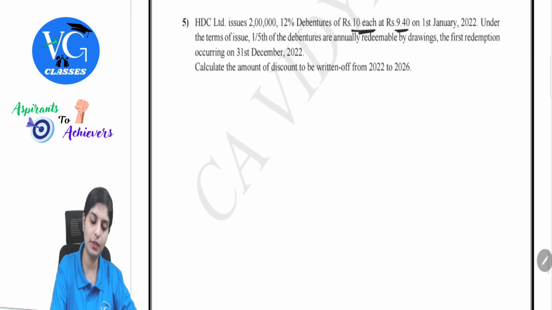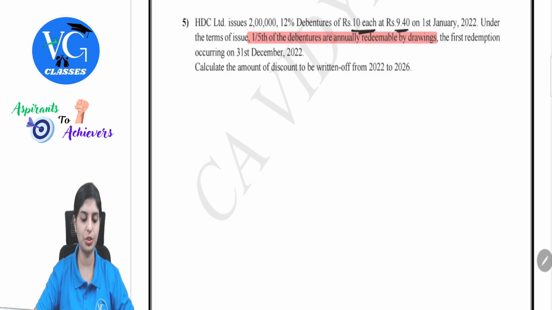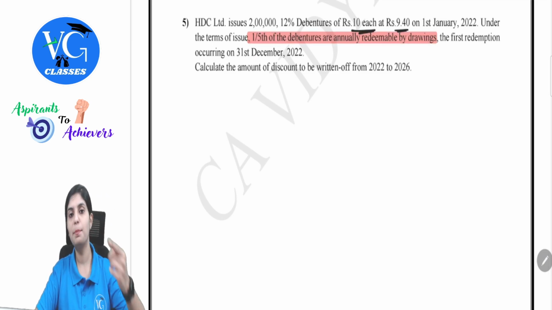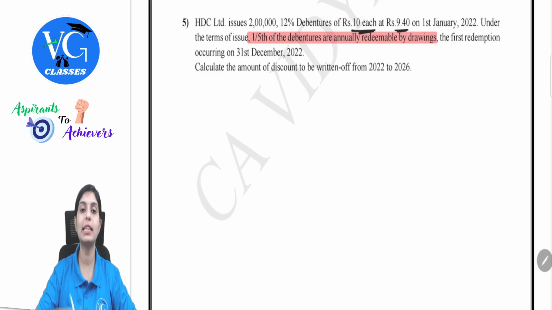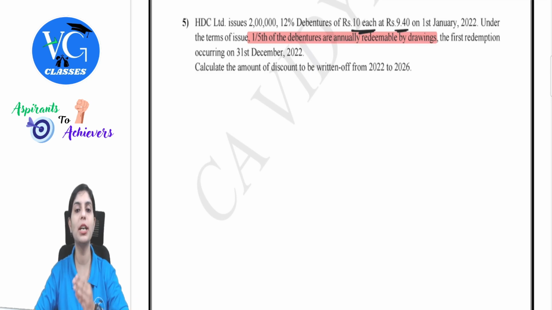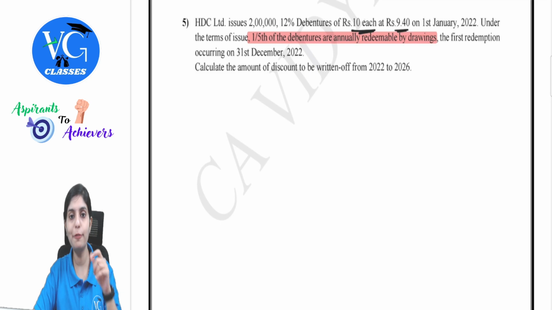So this is where the wordings become very important. What is the difference between this question and the previous question? If you observe, in the previous question the redemption was at the end of 5 years, so we just applied the straight line method and uniformly took the amount. Whereas here, it depends upon the number of debentures outstanding in the particular year.